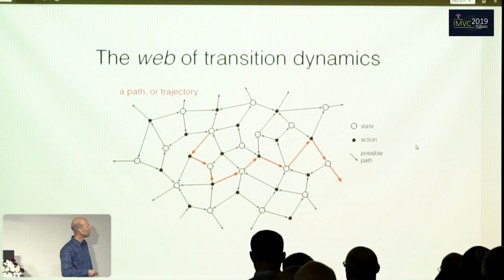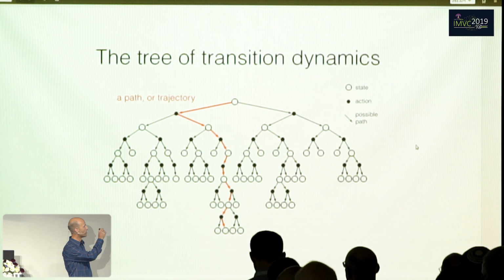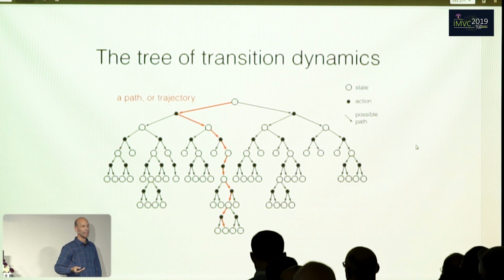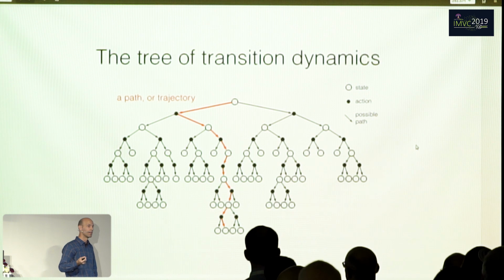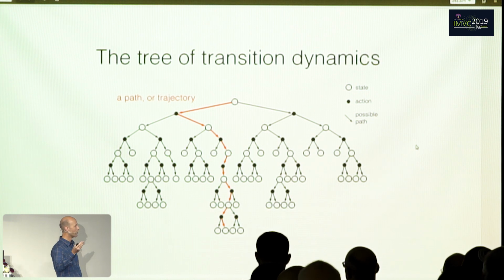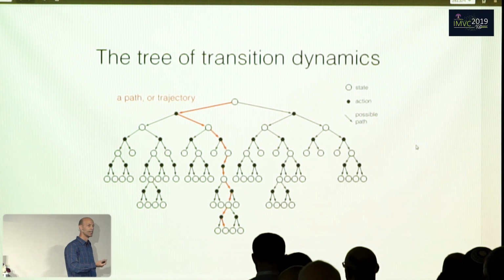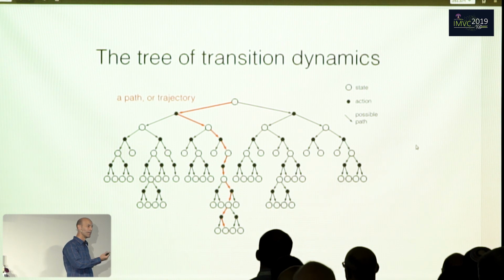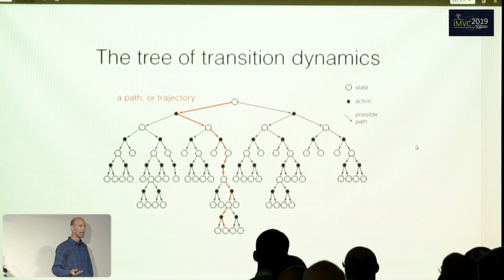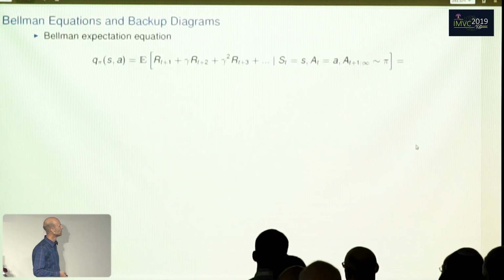If we take the current state as the root of a tree, we can put all possible future trajectories together to create a tree of transition dynamics. When we want the agent to act optimally, to maximize its expected long-term sum of rewards, the expectation is over all possible future trajectories. Naively, we would enumerate all these trajectories and compute an expectation. But thanks to the Bellman equations, we don't need to do that.